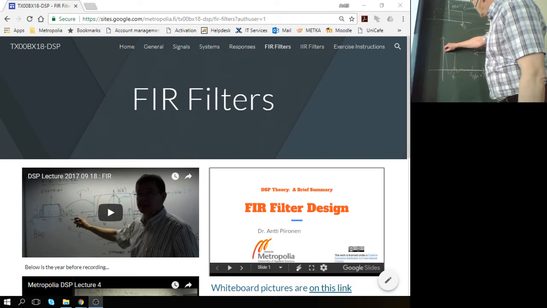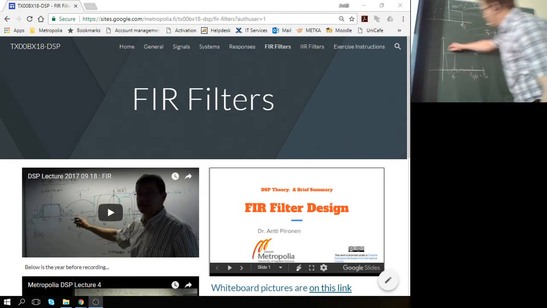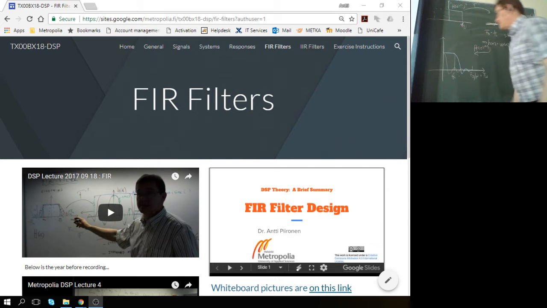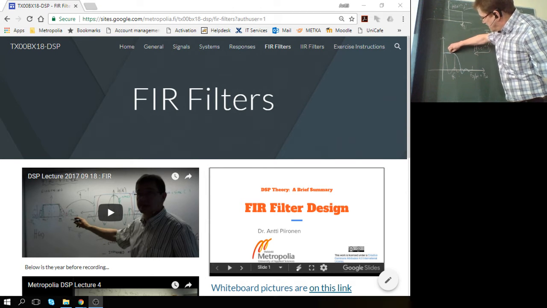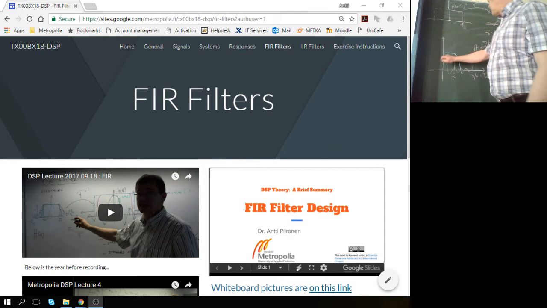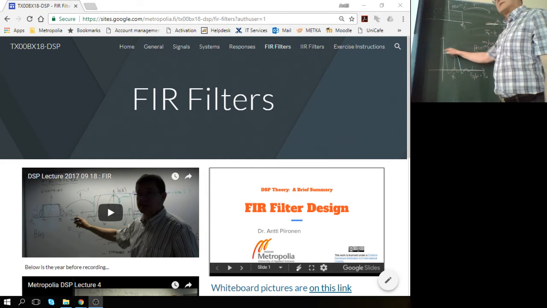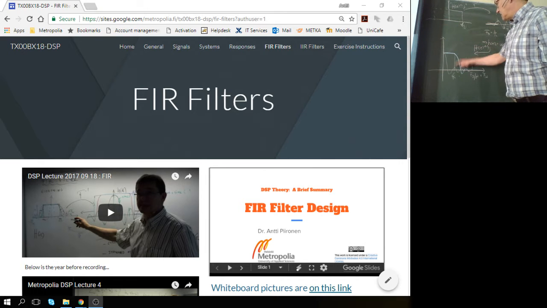amplitude response of that sampled and windowed sinc function, like that. The flat part comes from the convolution of this box and that one, so it's mostly just constant, and then after this edge, it basically gives the edge effect.